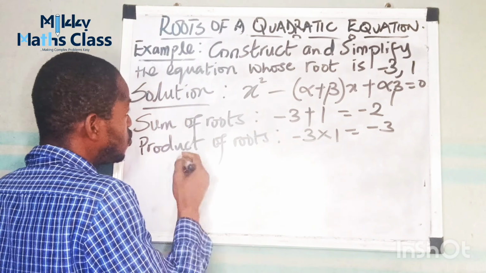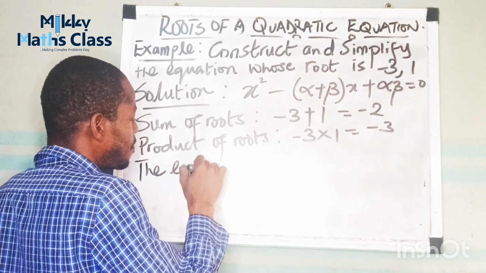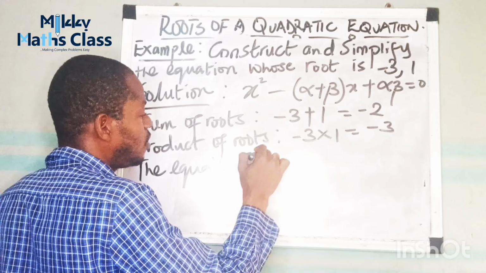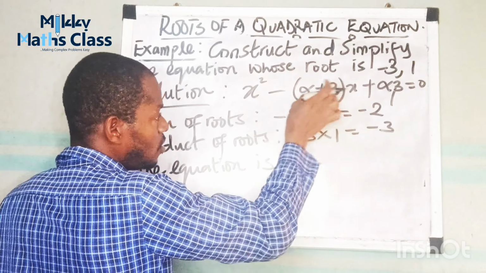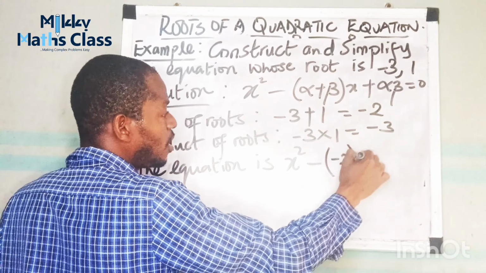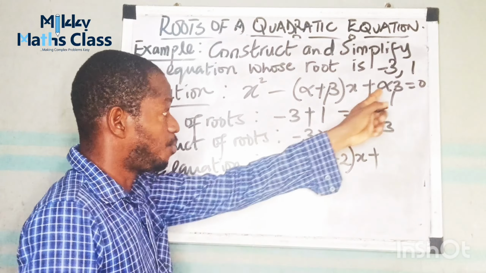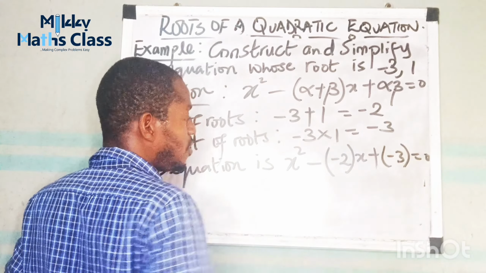So the quadratic equation will be x squared minus the sum of the roots, which is negative 2x, plus the product of the roots, which is negative 3, equals 0. So let's simplify it further.